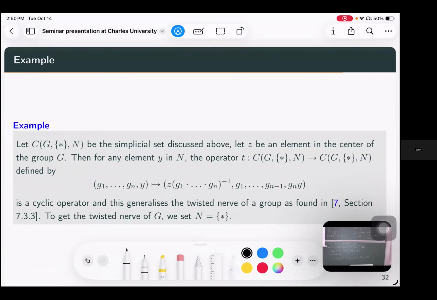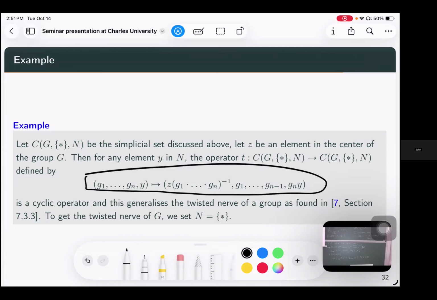Yes, so as an example, we let the trivial G-set N be the simplicial set that we have discussed above. We take z to be an element in the center of the group. Then for any element y in N, we have T defined by this as a cyclic operator.